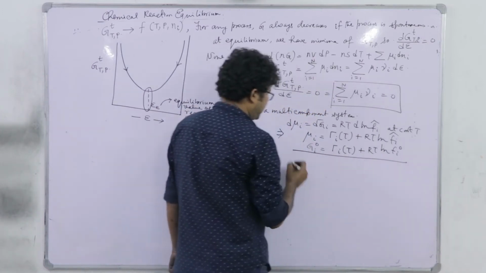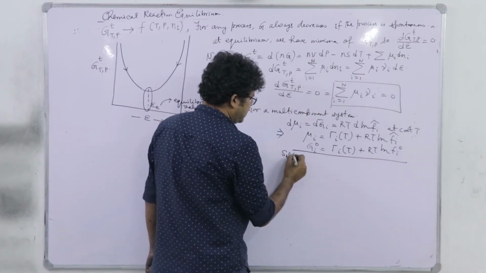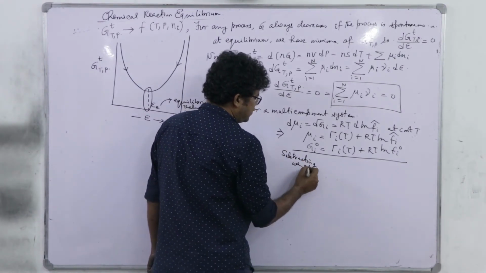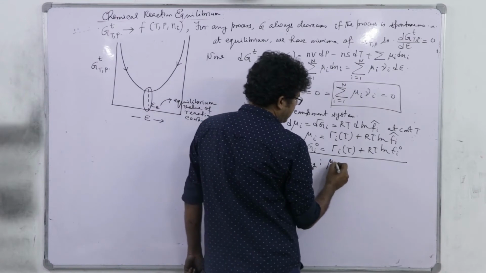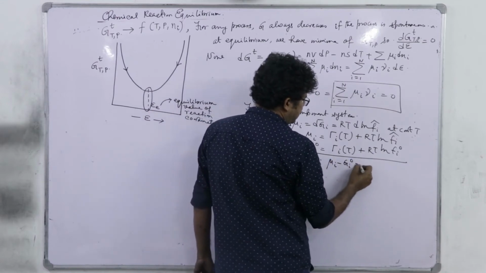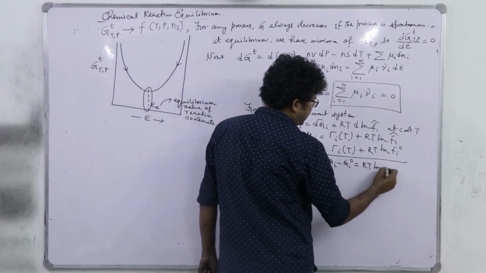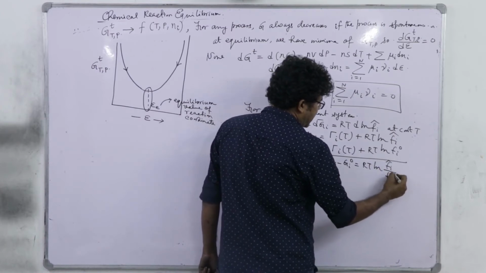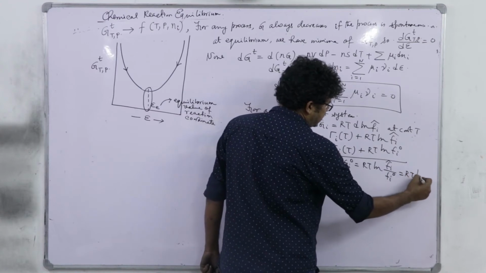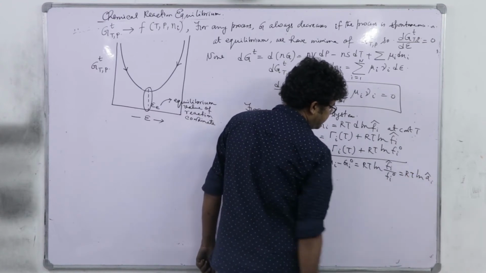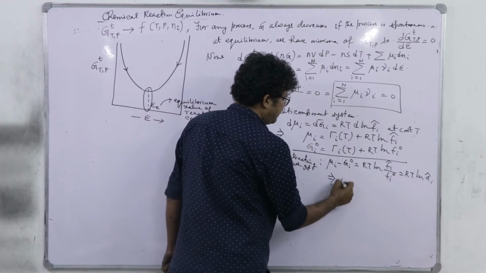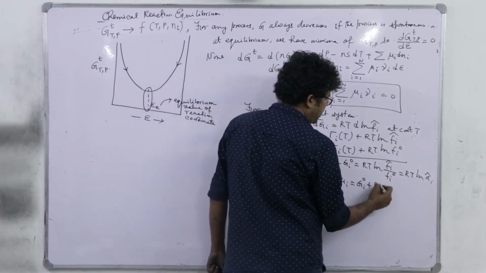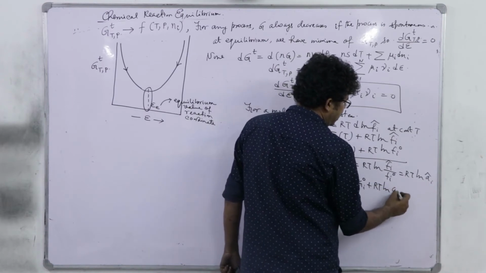Subtracting, we get mu I minus Gi naught equal to RT ln fi cap by fi naught, and by definition this is activity. So we have mu I equal to Gi naught plus RT ln ai cap.